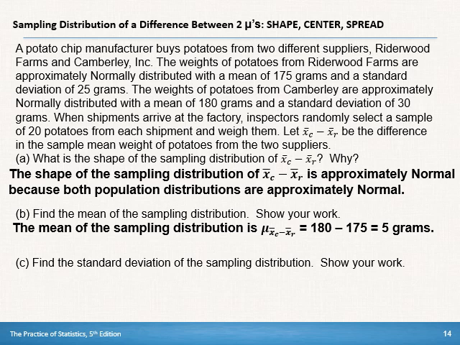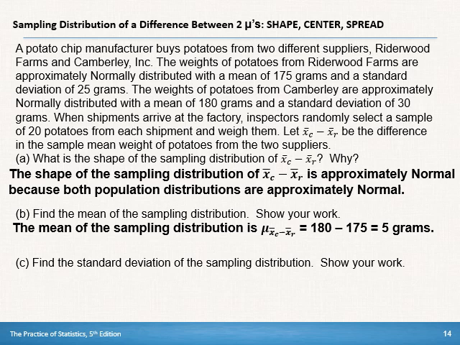If you had done it the other way, then your answer would be negative 5 grams, which is fine, but you just have to be consistent in the way you set it up. Here we set it up as X bar sub C minus X bar sub R, so Camberley's farm minus Riderwood Farms. If you reverse that, that's fine, but you just have to be consistent in all your work. You can't flip-flop halfway through the problem.